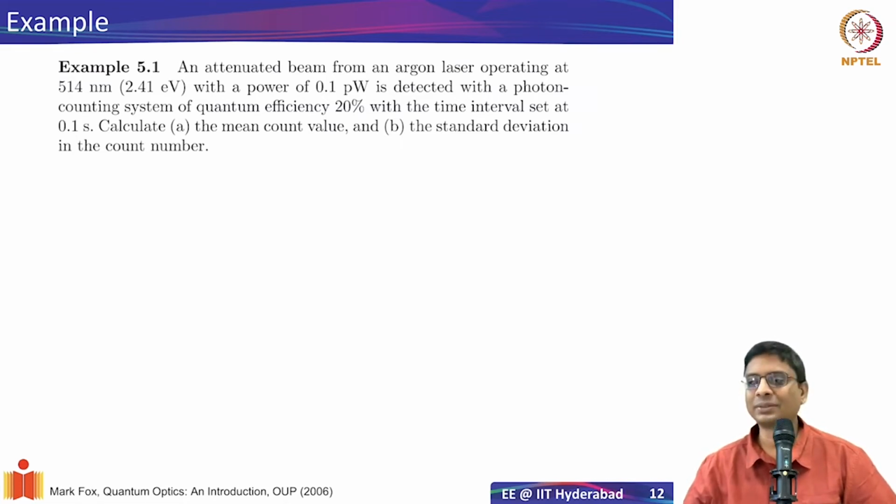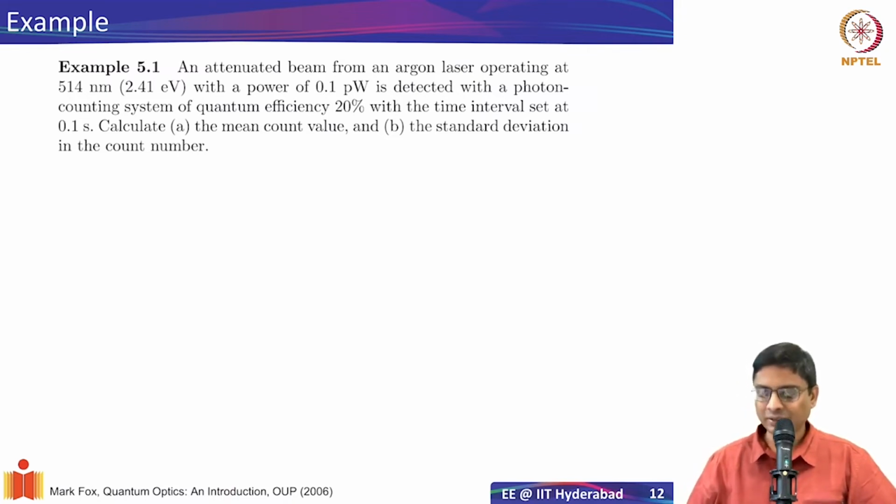Mean count is basically the number of photons detected at the detector with the photon counting system. So the first thing we have to look at is the photon flux. You are given the power and the energy of the photon. We have done this multiple times in the last lecture.